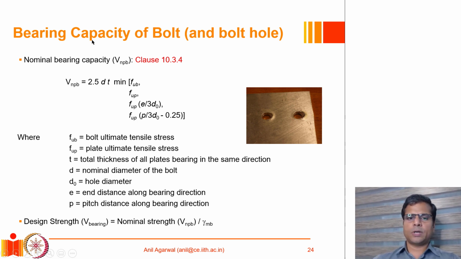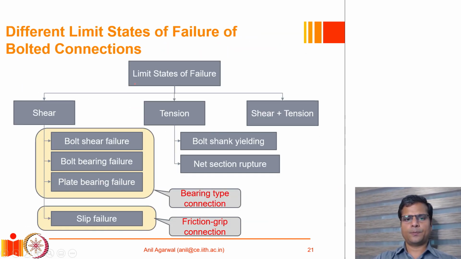Before we get into the other factors, let us also talk about the bearing type of failure. So you might remember the first limit state was the bolt shear failure, and the other two limit states were bolt bearing failure and plate bearing failure.